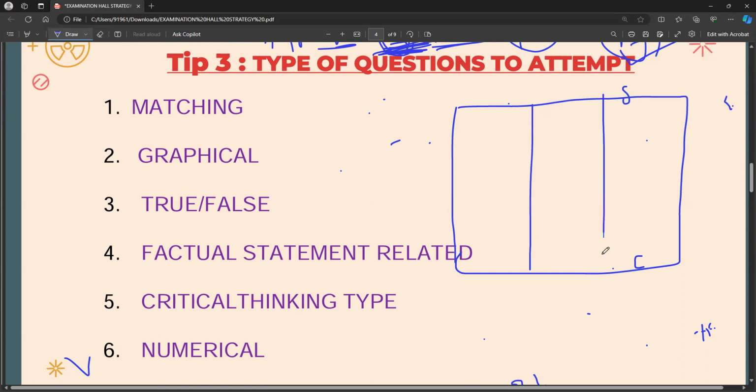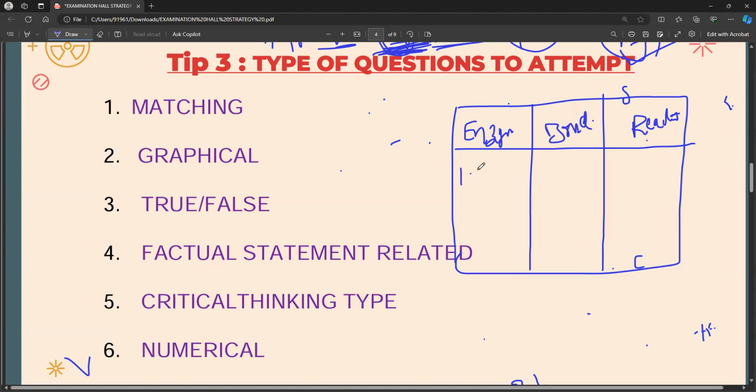Suppose, for example, they can make any kind of matching question. In one column, they will ask for an enzyme. In another column, the reaction. In another column, which bond it is cleaving.